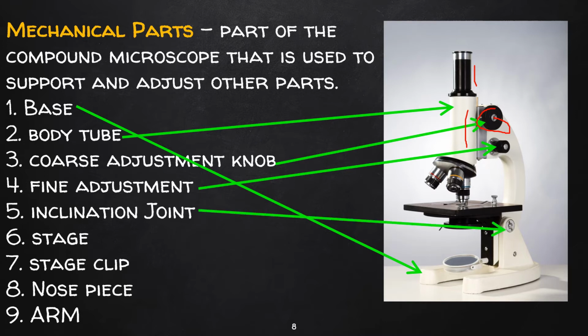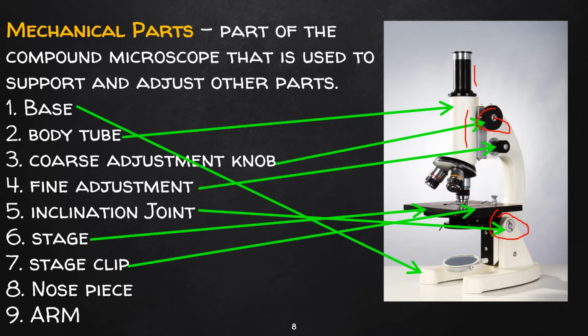Next is the inclination joint. So inclination, this allows the microscope to be tilted or pwede siyang i-move downward or medyo i-move yung kanyang position. The next one is the stage. So dito nilalagay yung glass slide or yung specimen for study. Next one is the stage clip.